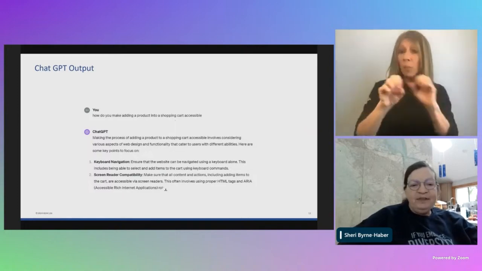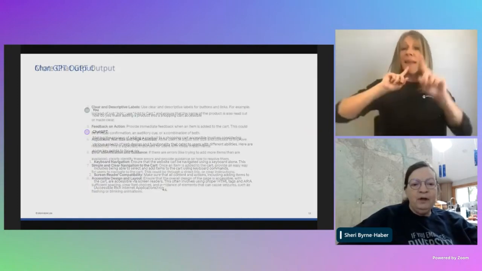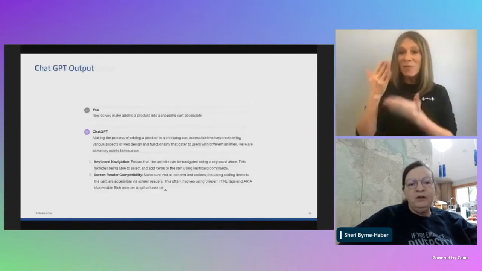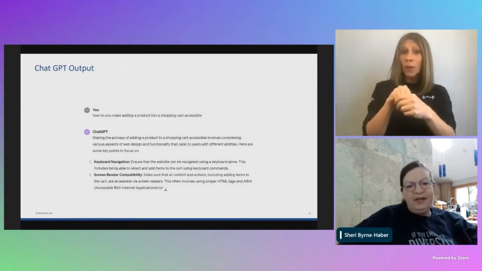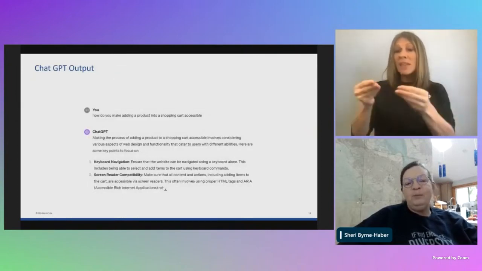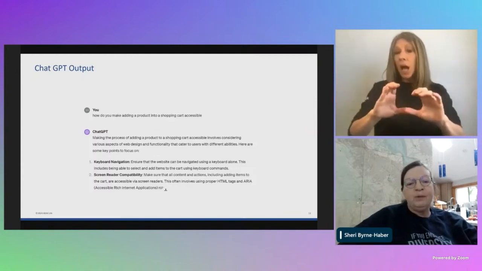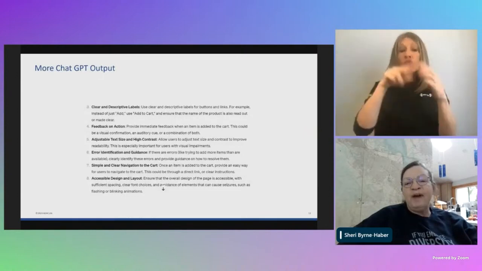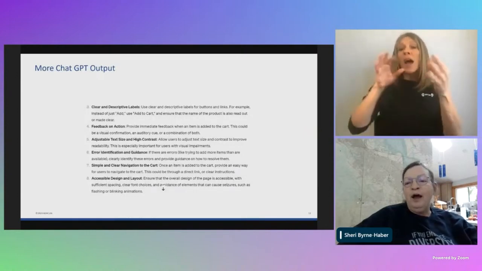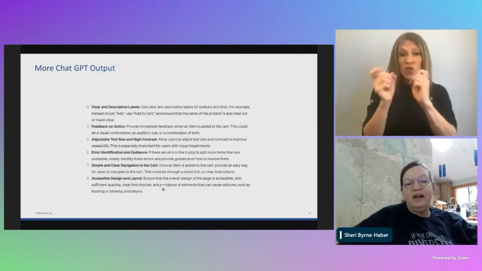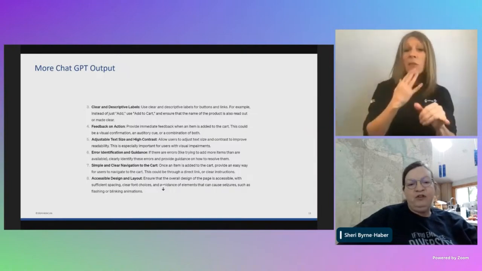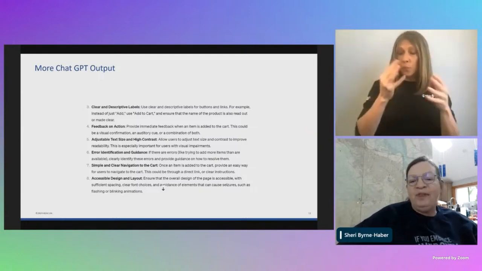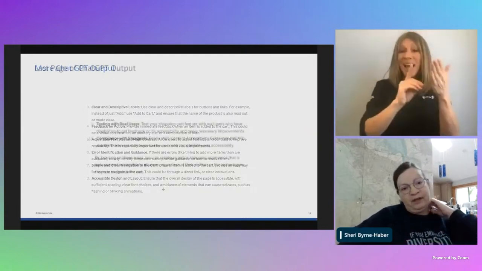And ChatGPT answered with 10 recommendations, including the keyboard navigation requirements, what needed to be done to make the shopping cart compatible with a screen reader, how to label things, how to provide feedback to the user, adjusting text size and colors, what kinds of errors that you should be generating, what the navigation should look like, what the design and layout should look like.